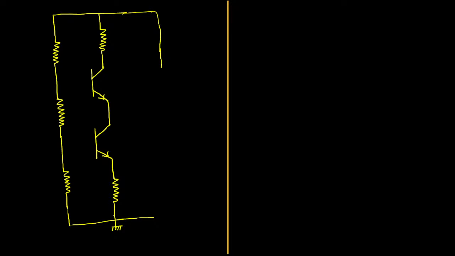So this is the given circuit. Now the data is: this is 10 volts and this resistor is 2 kilo ohm. This resistor is 6.5 kilo ohm, and this resistor is 1.85 kilo ohm.